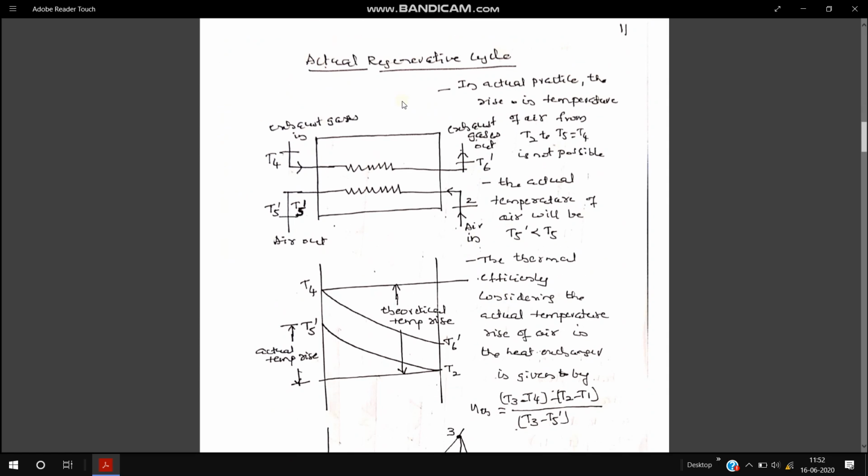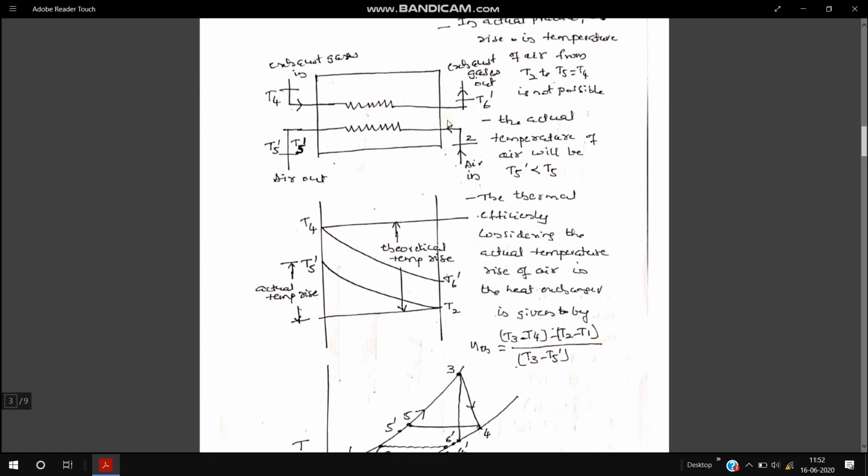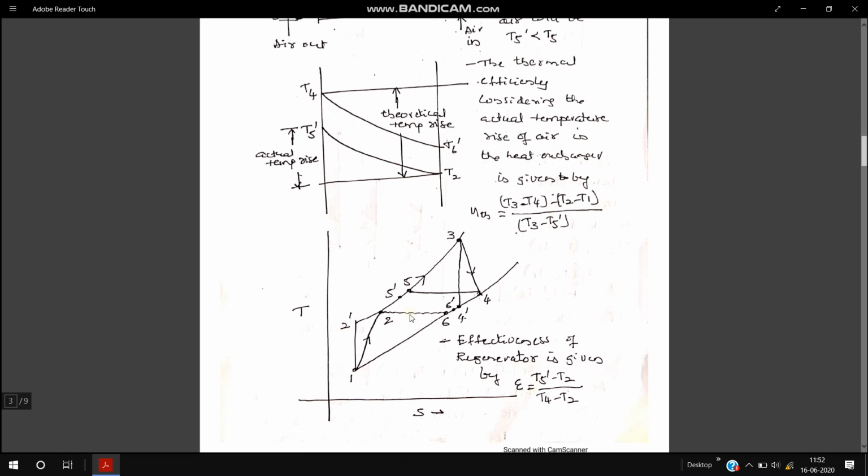Now the actual regenerative cycle. Ideally speaking, the compressed air is heated from T2 to T5 equal to T4, and hot gases should be cooled from T4 to T6 equal to T2.